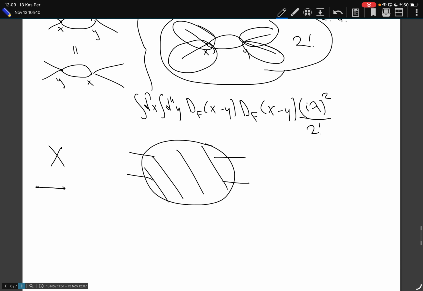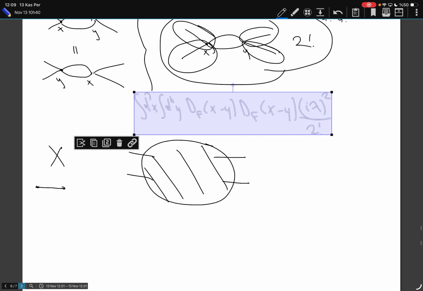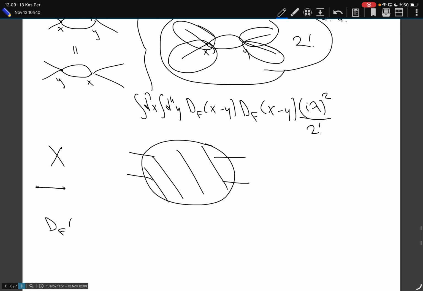So you see, let's look at this one. I have these propagators connecting different points. And remember what this Feynman propagator is. It's the integral d4k, e to the power i k (x minus y), and i over k squared minus m squared plus i epsilon.